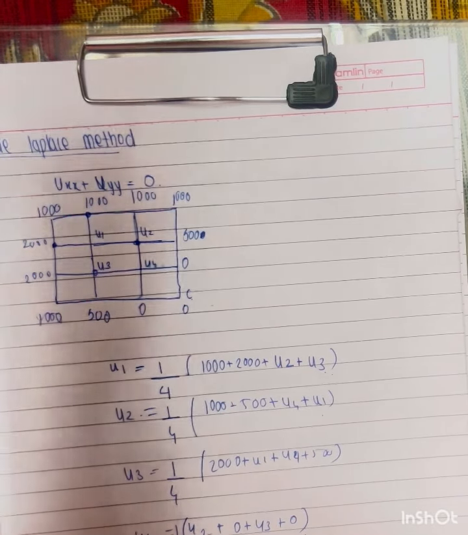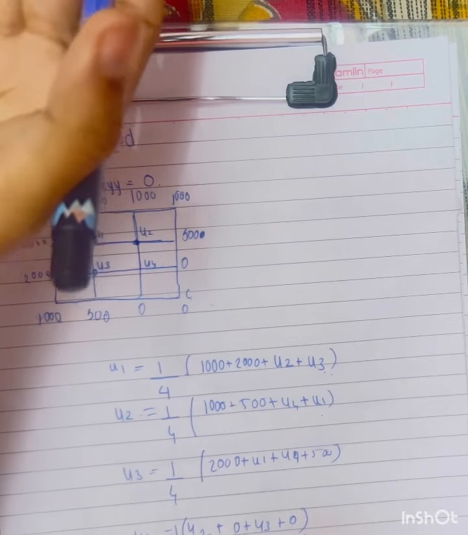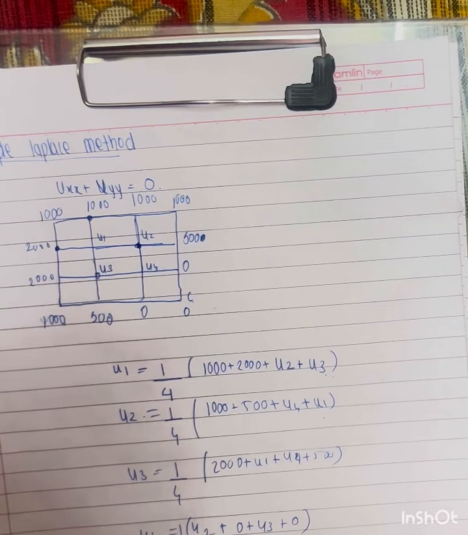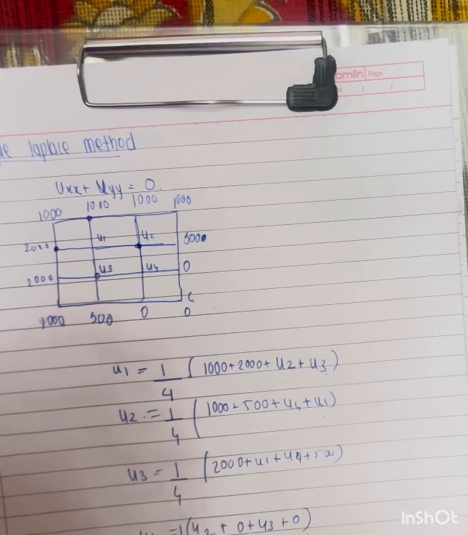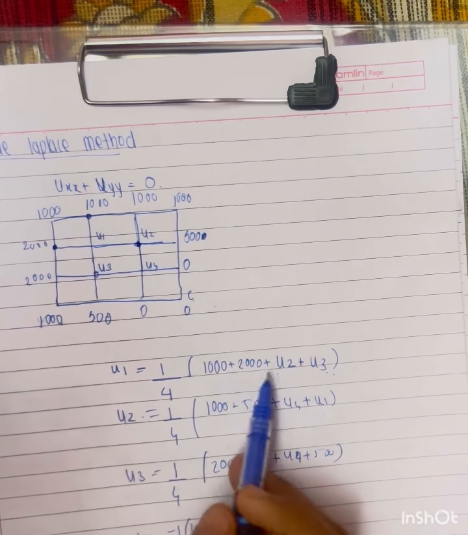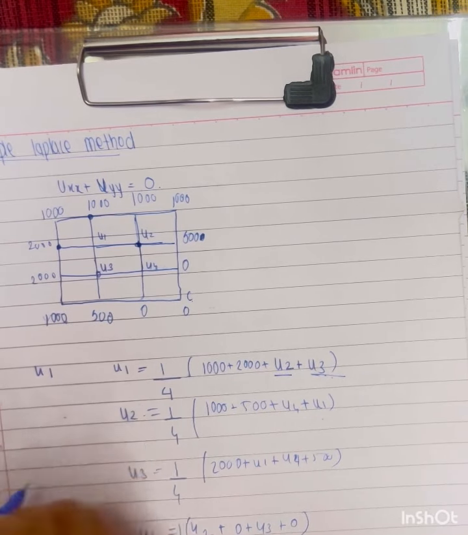Now the next part is you substitute U2, U3, U4 equal to 0 to begin with. You find some value of U1.